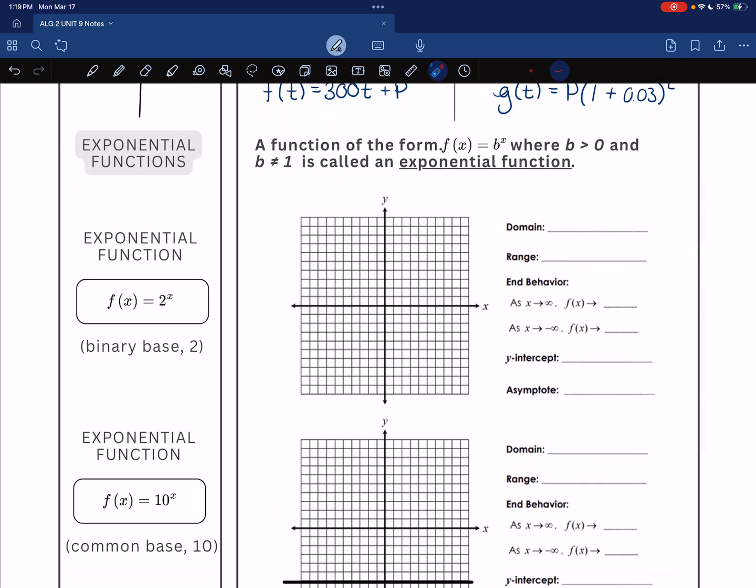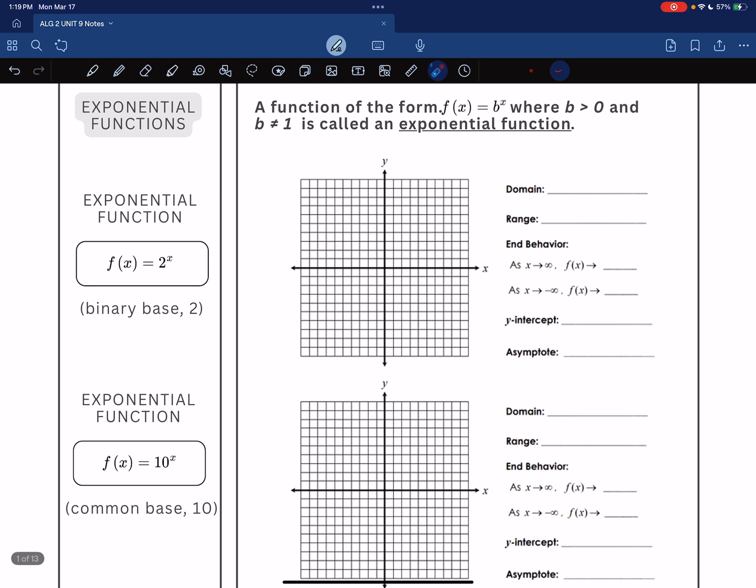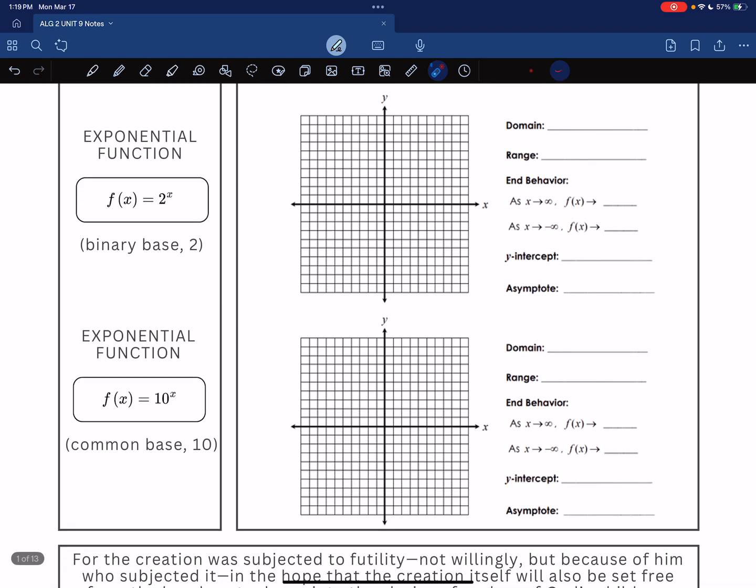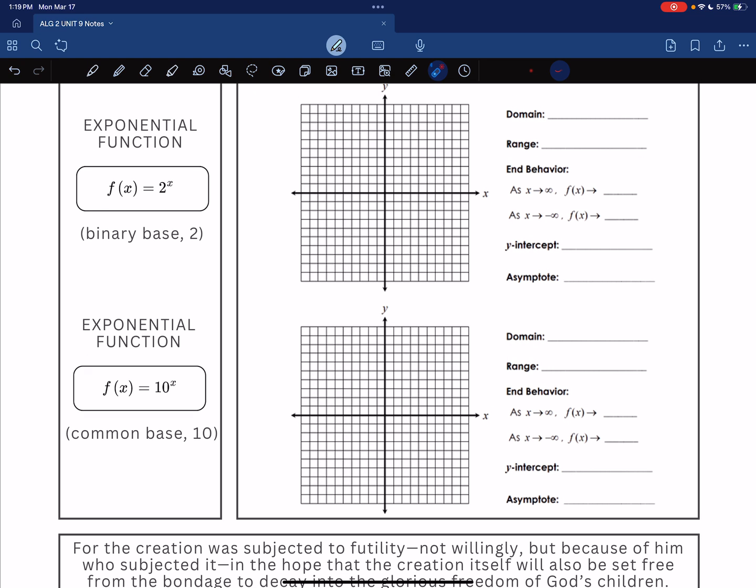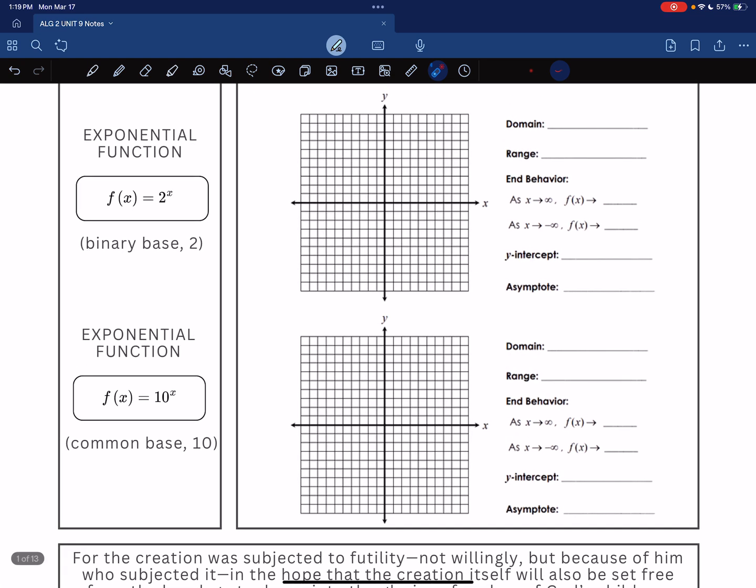And that leads us into our discussion on a new type of function, the exponential function. A function is an exponential function when it's written in this form, where b has to be greater than 0 and b cannot be equal to 1. And there are several standard exponential functions that we're going to cover throughout this unit. And the first is this one that you see here.